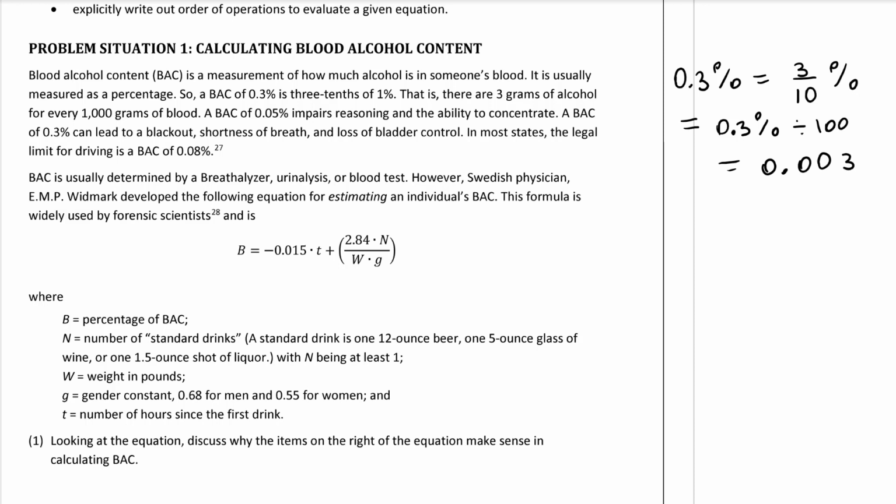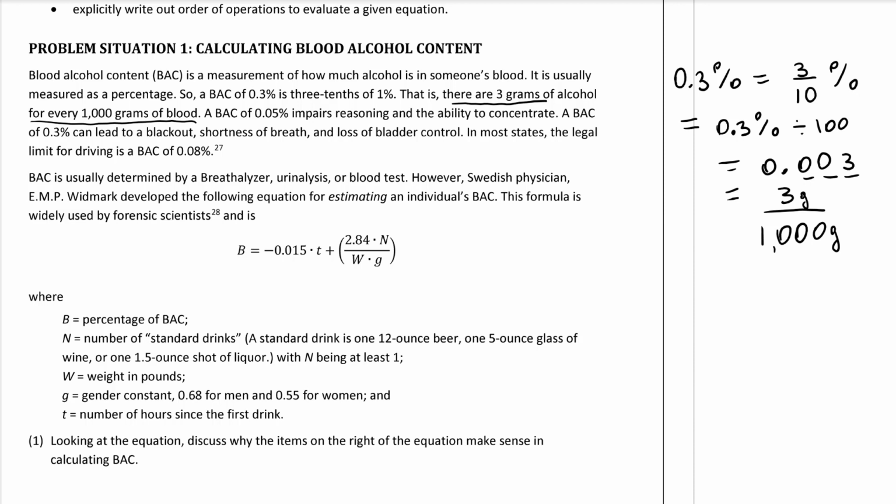0.003, which means it is 3 out of 1,000, because there are 3 places right here, so it's 3 thousandths. That's where this sentence comes in: there are 3 grams of alcohol for every 1,000 grams of blood. In other words, 1,000 grams is a kilogram, and a kilogram in liquid form can be thought of as a liter of water.